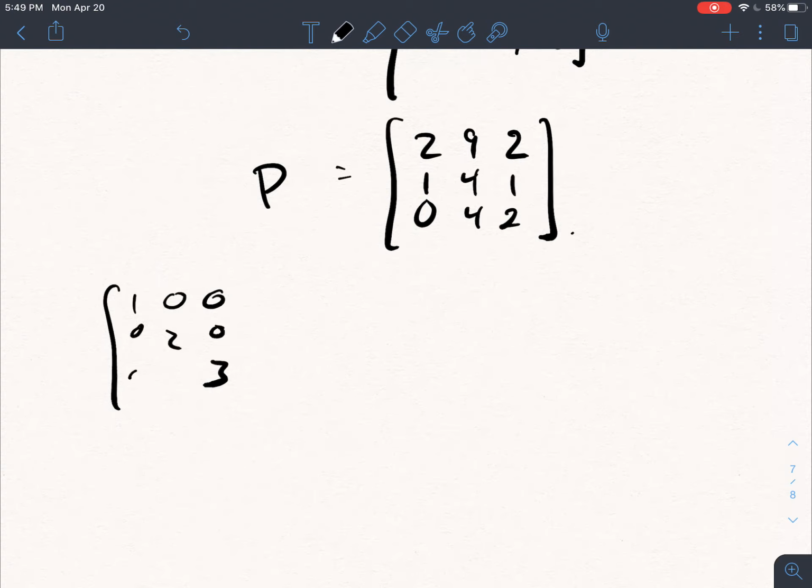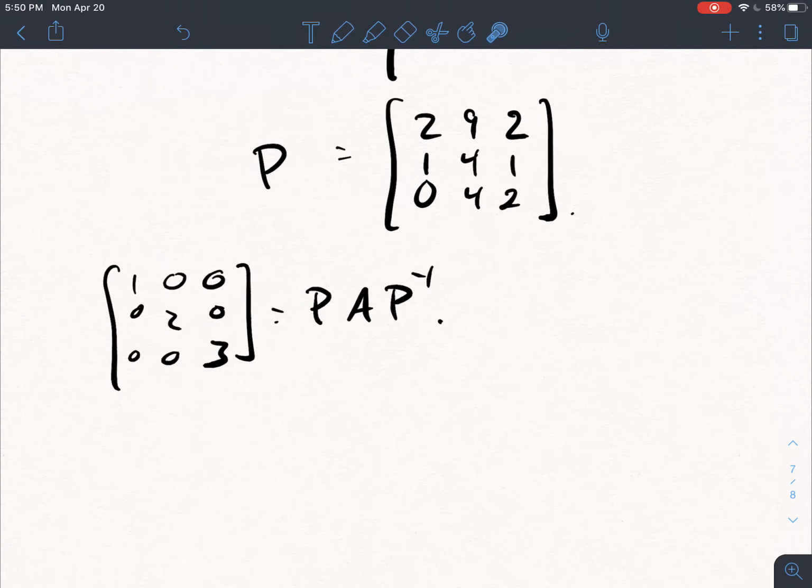Yep, okay, this looks good. Okay, so then I get that 1, 2, 3 along the diagonal is equal to this matrix P times A times P inverse. I'm not going to go through the process of finding the inverse of this matrix.